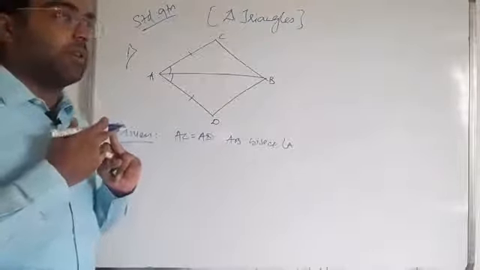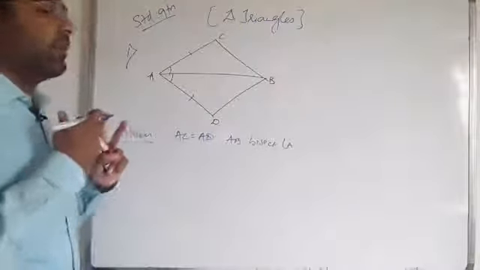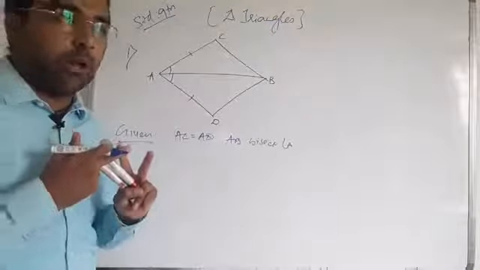Median also divides into two equal halves, and bisector also divides into two equal halves.